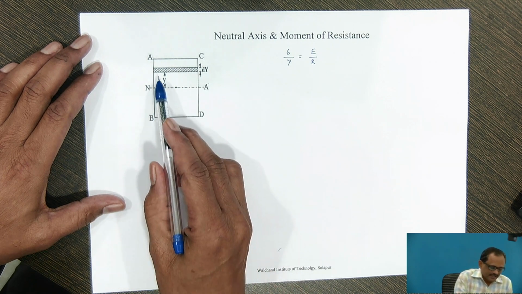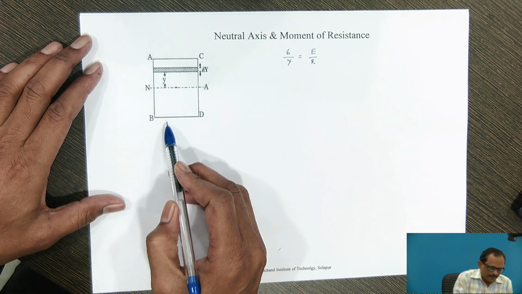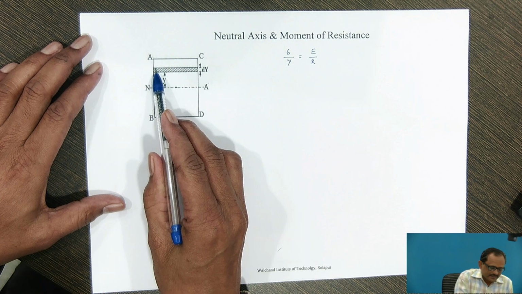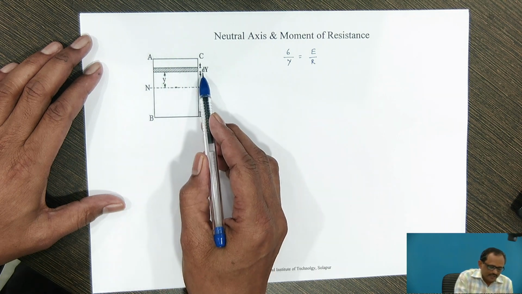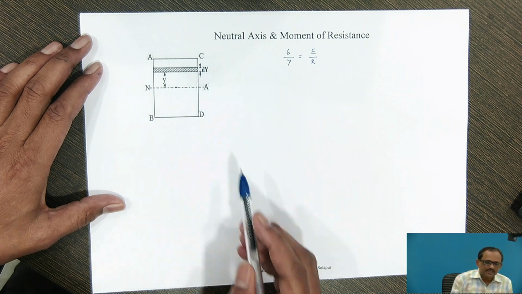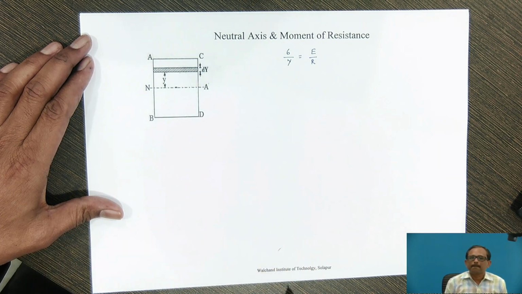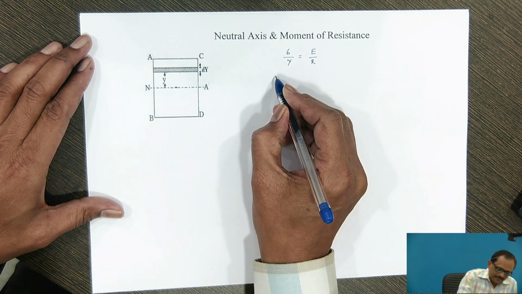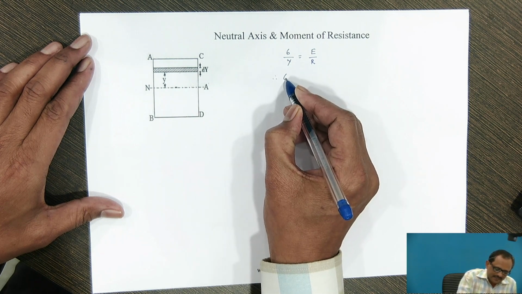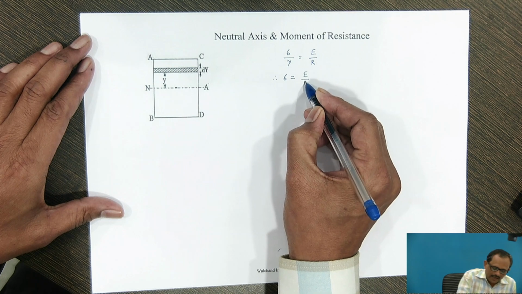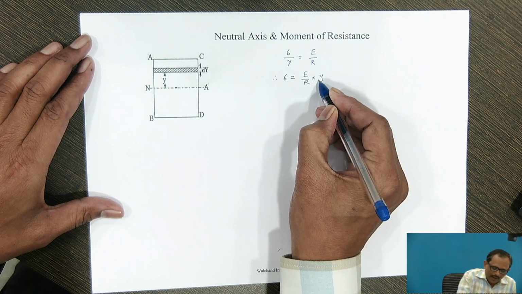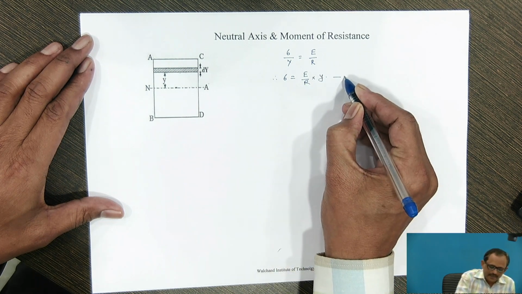So, consider a section of a beam and consider one layer which is at a distance y from the neutral axis and having thickness dy. The bending stress in that particular layer is given by E upon R into y. So, this is my equation number 1.